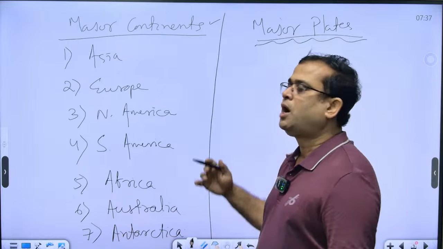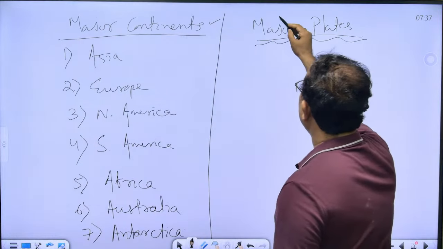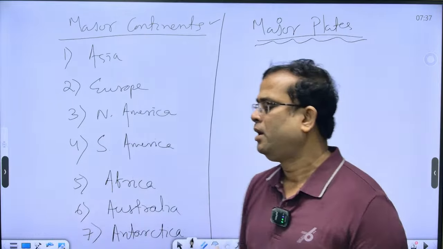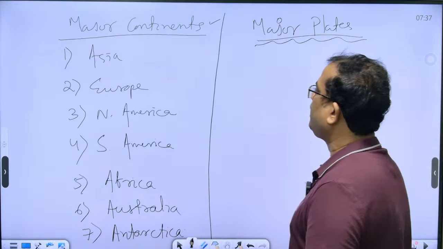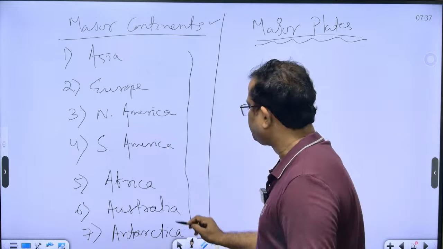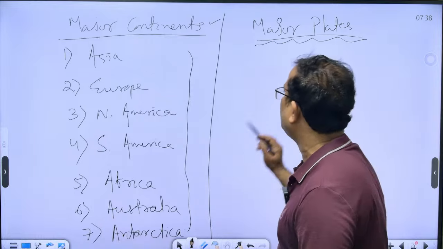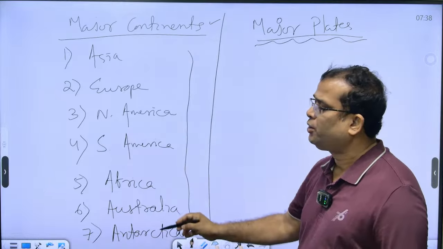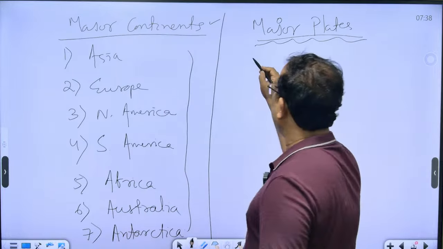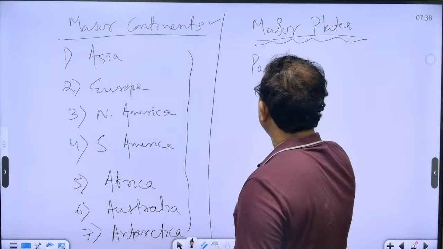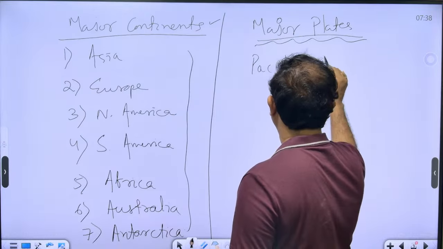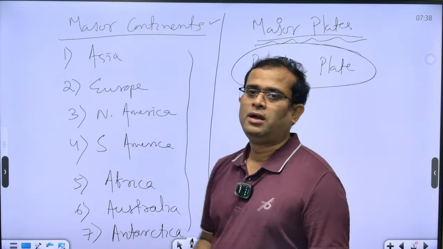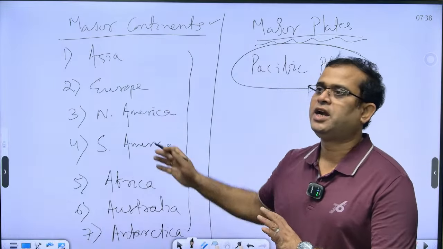So read in depth. These are also major plates, but these are the terrestrial land. Another major plate is the Pacific plate. Please note down that the Pacific plate is also a major plate apart from this continental plate.